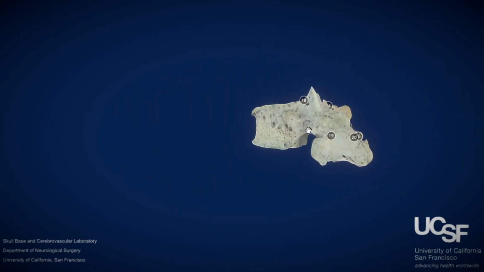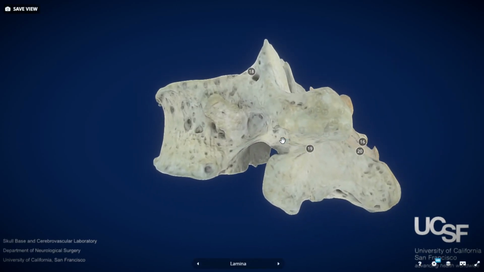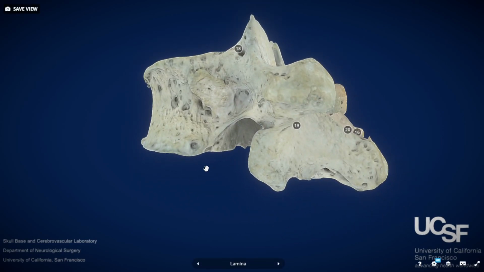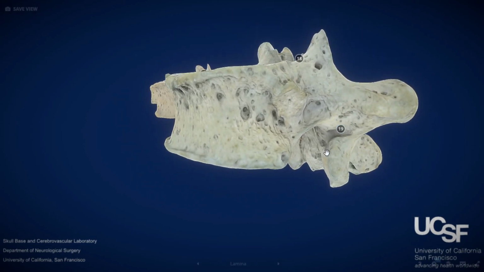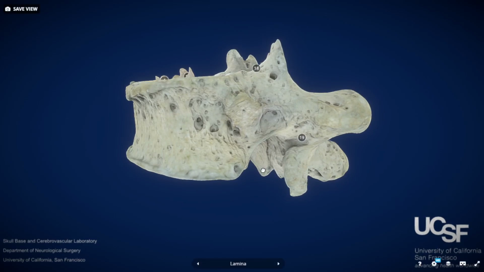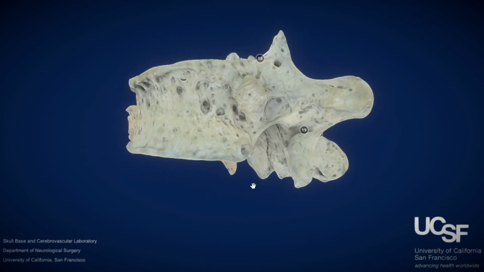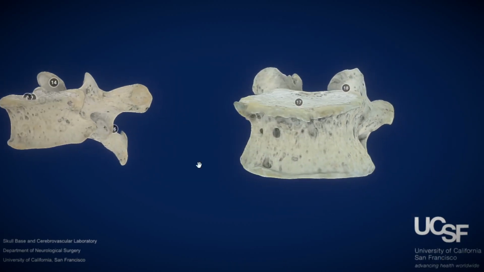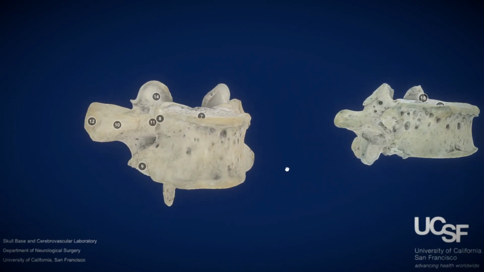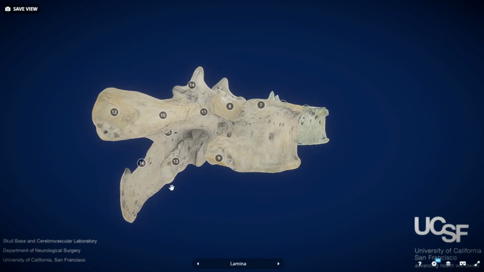The superior and inferior articular processes at different levels tend to have a more vertical projection, and they usually match the superior and inferior segments.